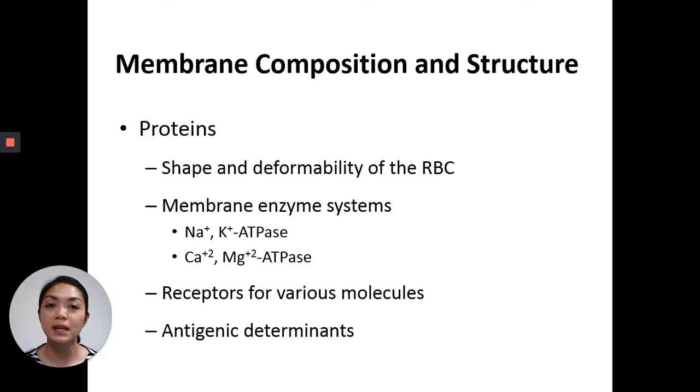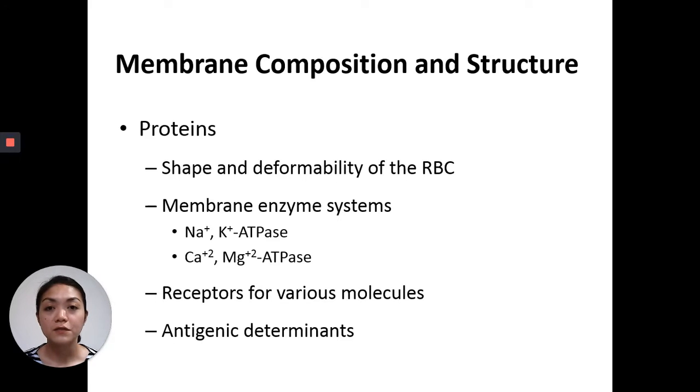Next, we go to the proteins. Proteins are the major component. So 52, correct? Or 50%, I mean. So it again contributes to the shape and deformability of the red blood cell, especially the inner proteins. They also comprise our enzyme systems for the pumps. No? Sodium, potassium, ATPase pump, calcium, magnesium, ATPase pump.